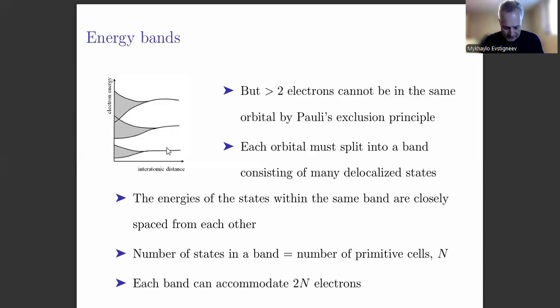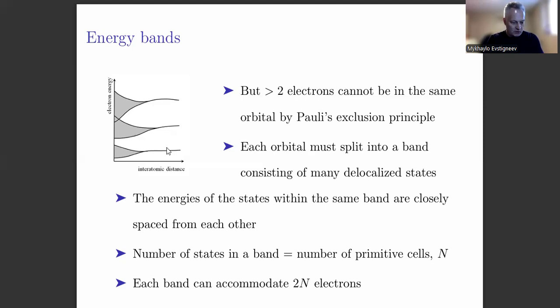The number of quantum states in each band would be exactly the same as the number of primitive cells in the crystal. The number of quantum states per band is the number of primitive cells in the crystal.